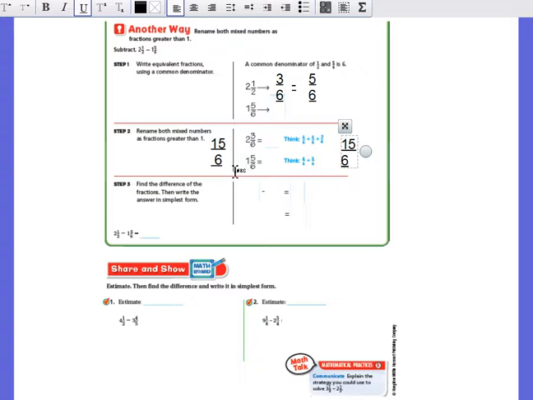And we have to do the same thing to our other one. So once again, we go back here. In order to change a mixed number to a fraction, you take your whole number times the denominator, which is 6, plus your numerator. So now we have 11 over 6. Now we can subtract, because if we subtract these, we get 4 over 6.